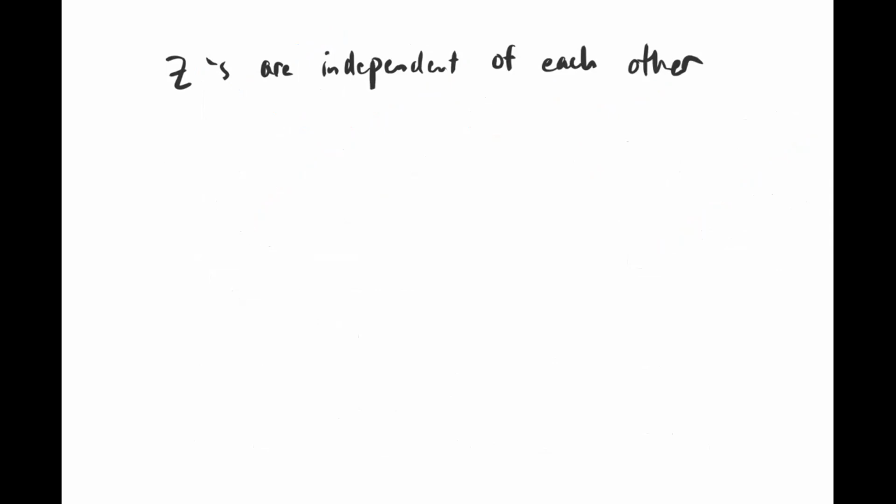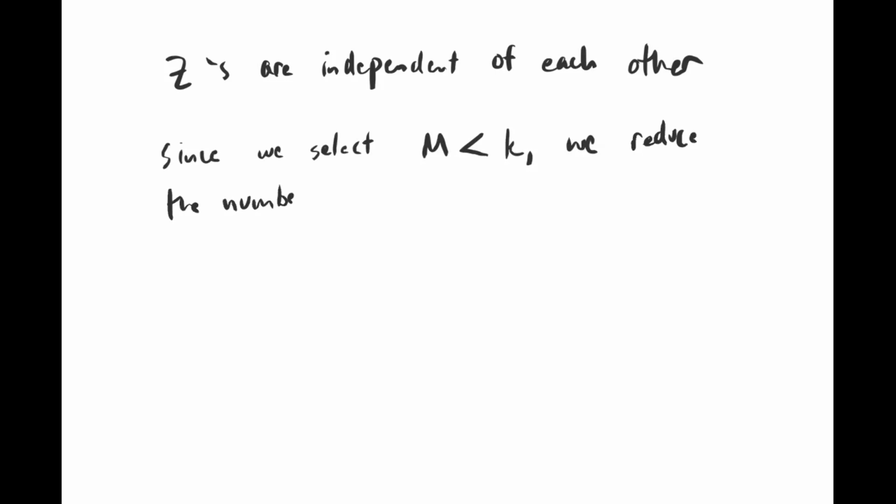And now there's this question essentially of how many components should I be choosing? Since we select m is less than k, we reduce the number of dimensions and prevent overfitting.